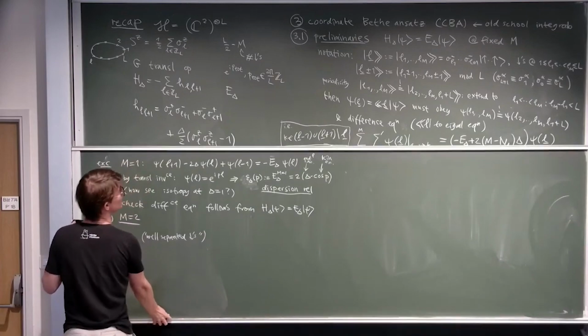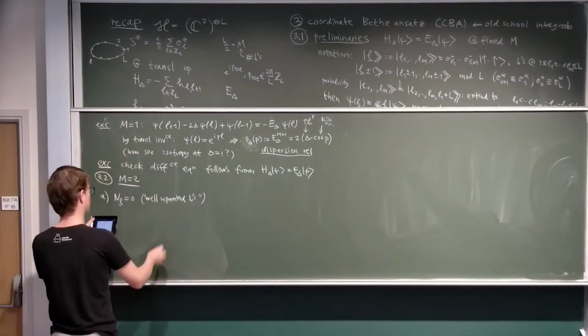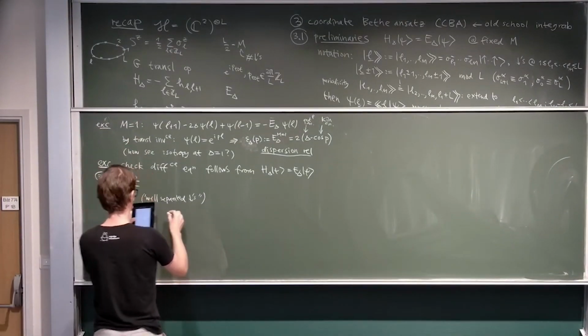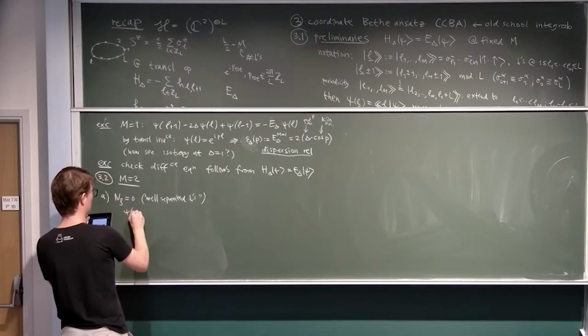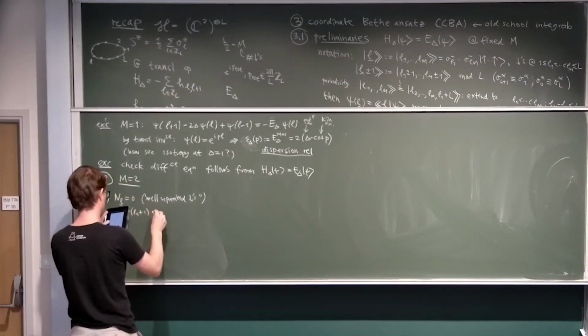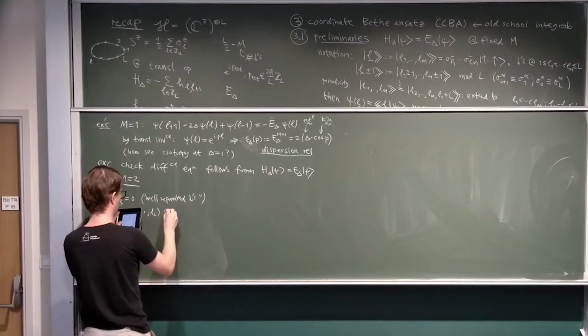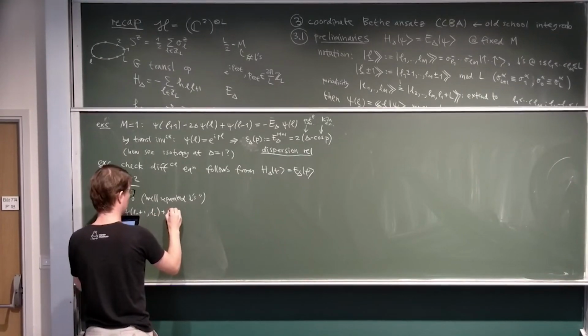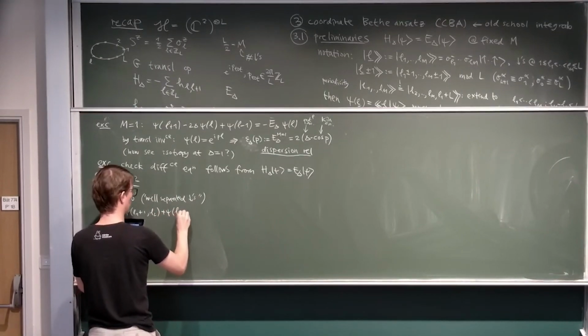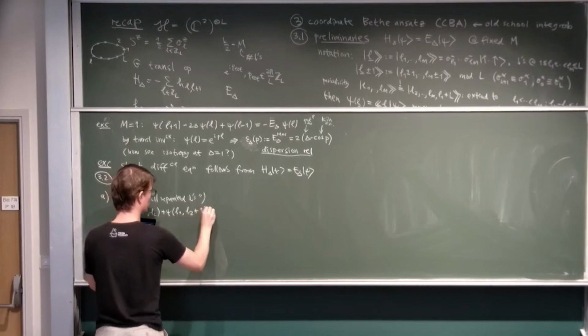I'm going to cover the difference equation because I'm going to write it now anyway. It looks as follows. You get psi of L1 plus 1, comma L2. This is a little bit long, but it's useful to explicitly write it out. Then we get psi of L1, comma L2 plus 1.